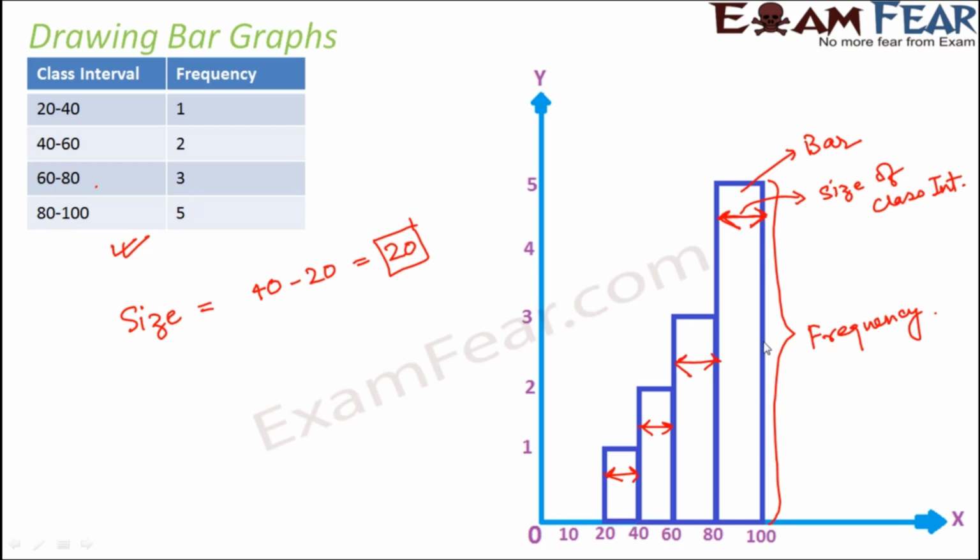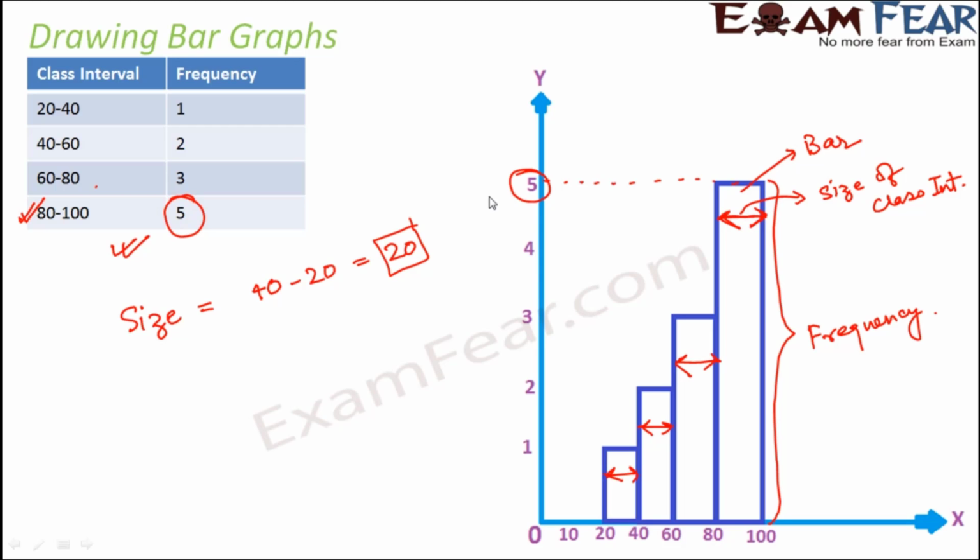For example, the last bar is for the class interval 80 to 100. For 80 to 100, what is the frequency? Frequency is 5. So the height of the bar is till 5. So the height of this bar tells us the frequency, which is 5.